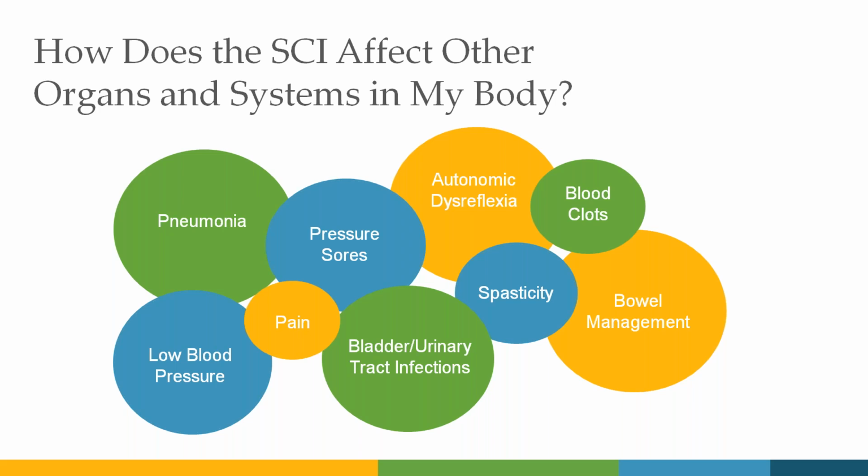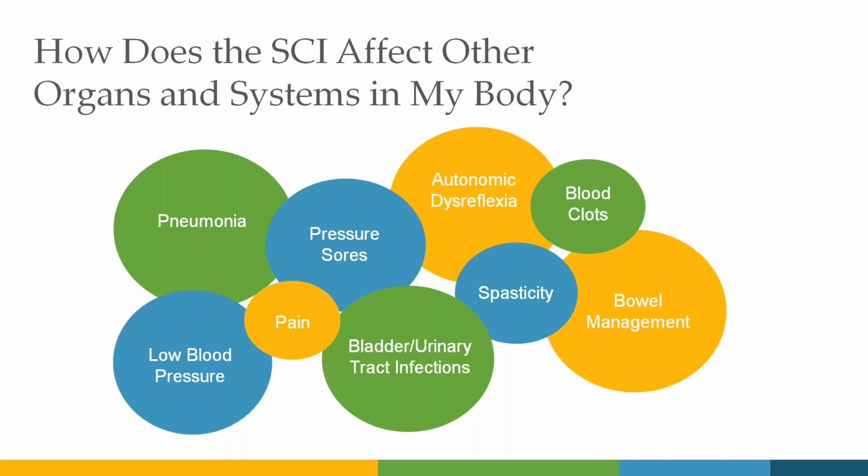Bowel management, people have to learn how to manage their bowel programs on a regular basis after a spinal cord injury. Coming back to the anatomy that we learned about, there's a cutoff in that T12-L1 region. Individuals that have a spinal cord injury below the level of T12 or L1 are often going to have a flaccid type of bowel, right?